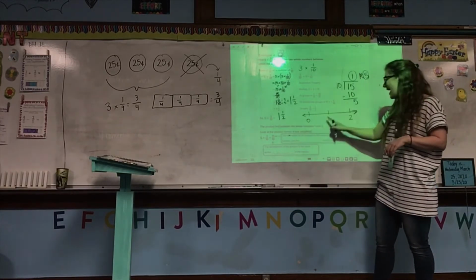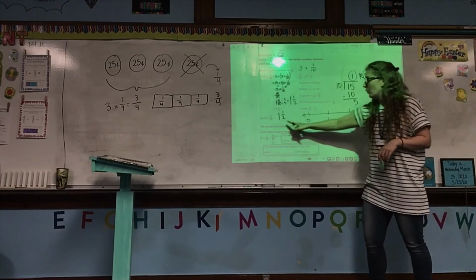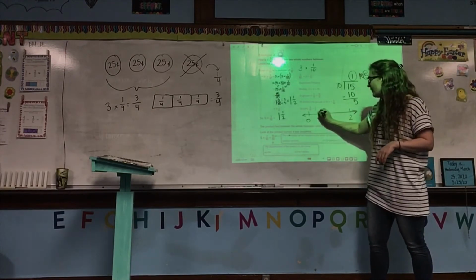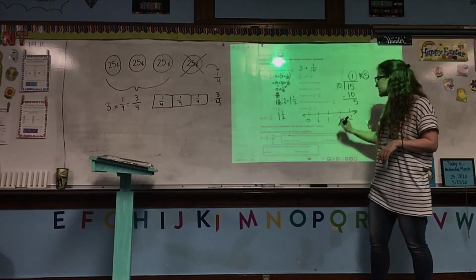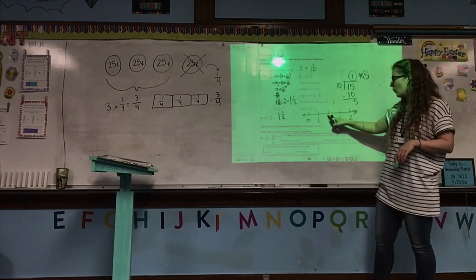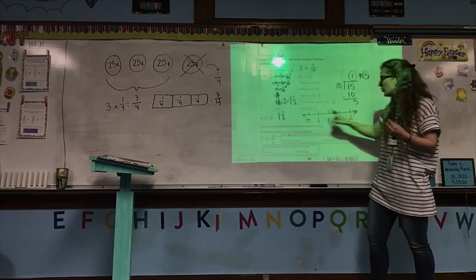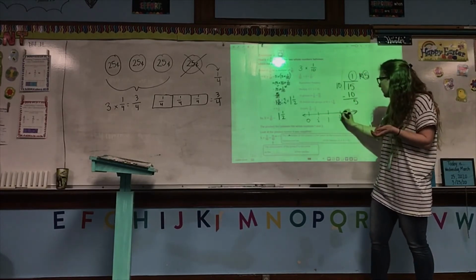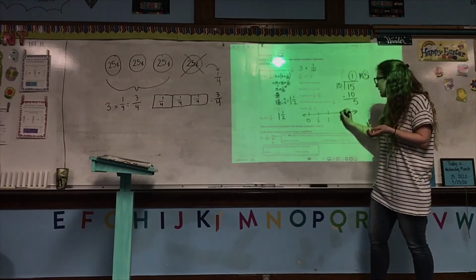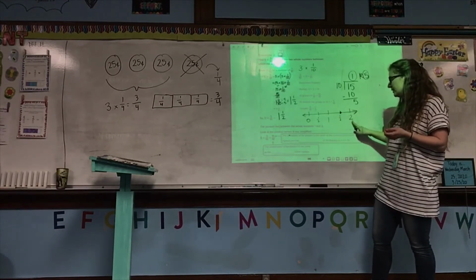So that means it has to come after 1. 1 and 1/2, if we broke each of these up into halves, we would know that 1 and 1/2 was greater than 1. It would be less than 2, because 1, our whole number, is less than 2. 1 and 1/2 would be right in between the whole numbers 1 and 2.